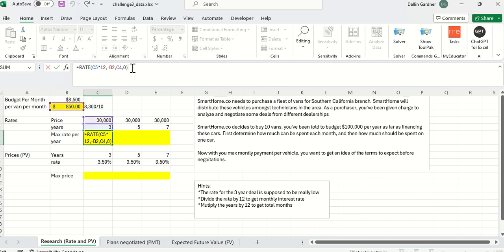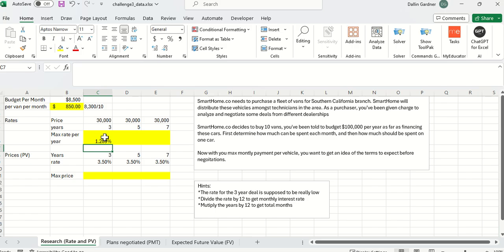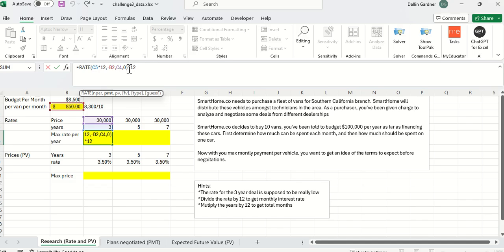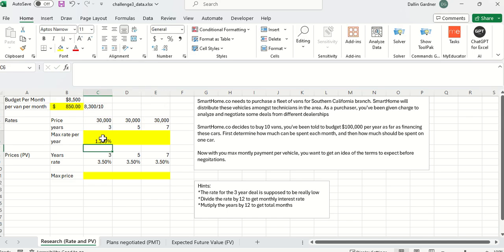That rate is multiplied by 12 to get the annual percentage rate. Let's go ahead and lock this in, and then everything else should be able to transfer over. Okay, so that's a rate.